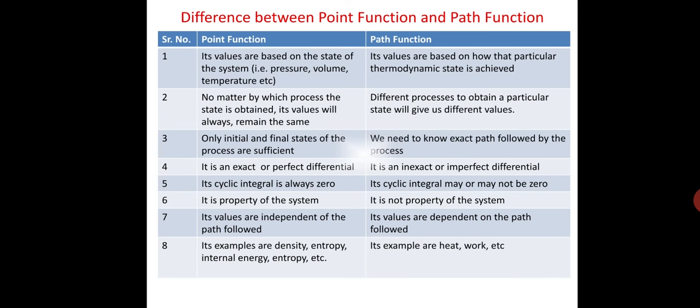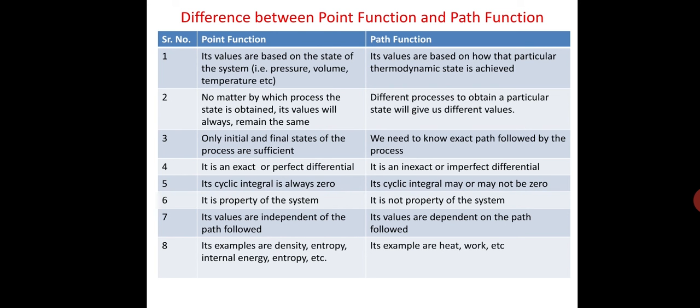Hello dear student, our next topic is the difference between point function and path function. First difference: point function values are based on the state of the system. In path function, values are based on how that particular thermodynamic state is achieved.